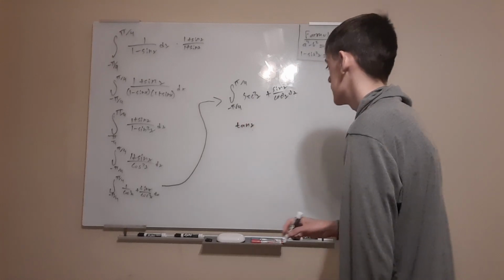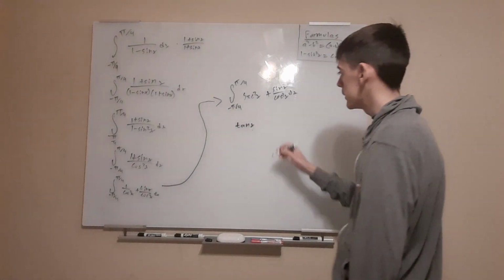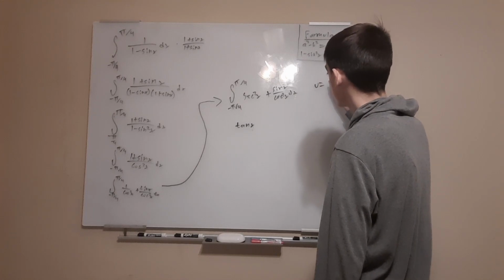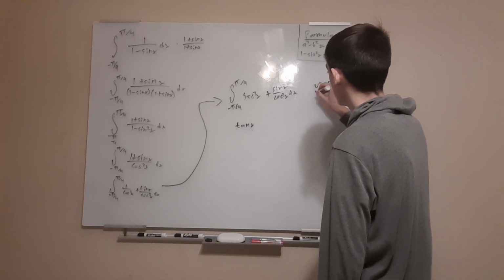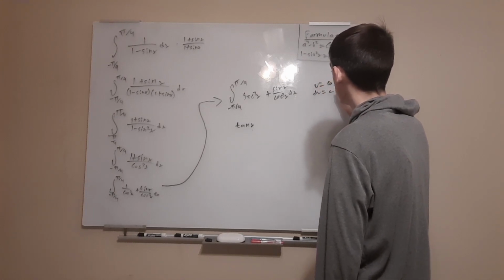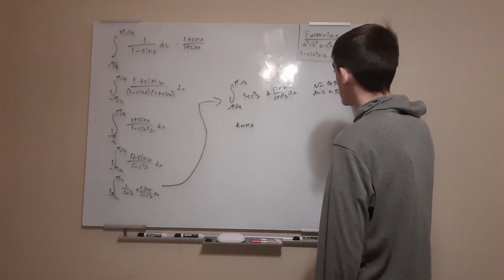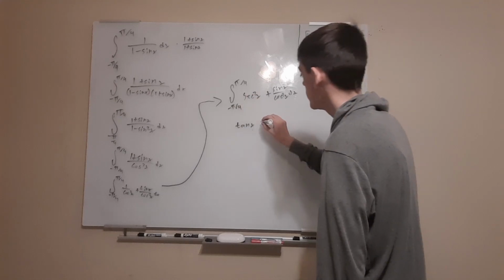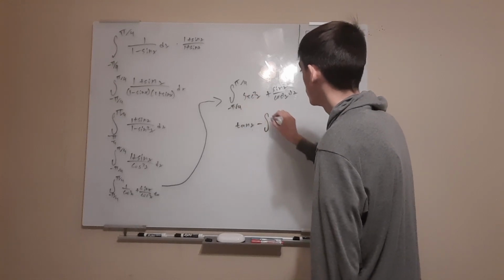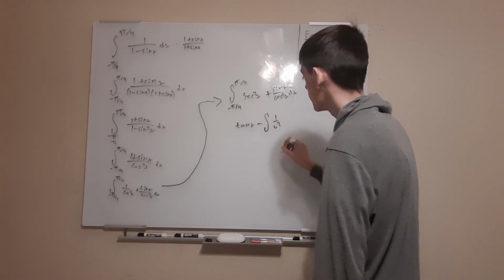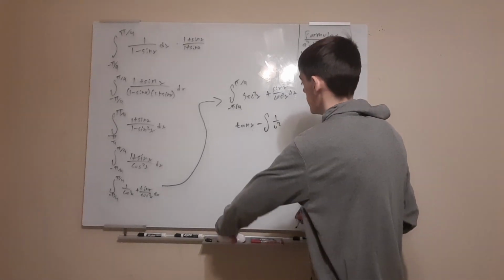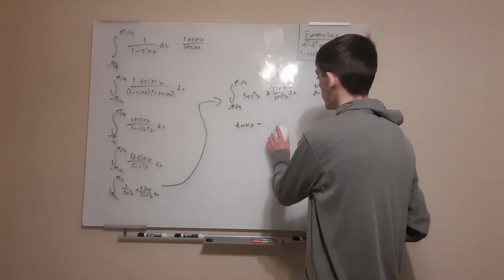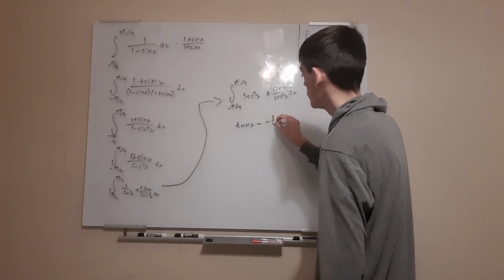It's just tan x. This one on the right is a little bit more difficult, where we would do a u substitution. u equals cosine x and du equals negative sine x dx. So if we actually were to integrate, it would end up being minus the integral of 1 over u squared. And if we integrated that, integrating 1 over u squared would give us minus 1 over u.